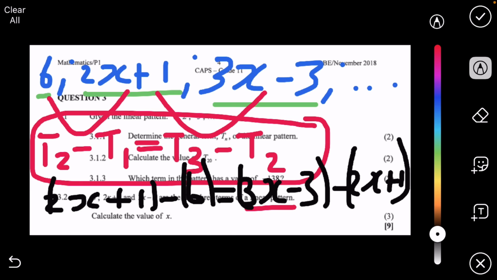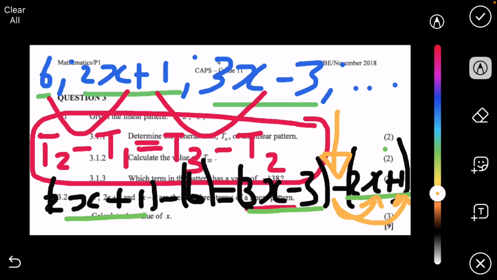Ladies and gentlemen, the common mistake that most learners make is to not put this in brackets. What are the impacts of not putting in brackets? Very, very much important. Can you see that negative over there? That negative multiplies that term, and again it multiplies that term. So it has an impact on the sign of 2x and again of that positive 1.